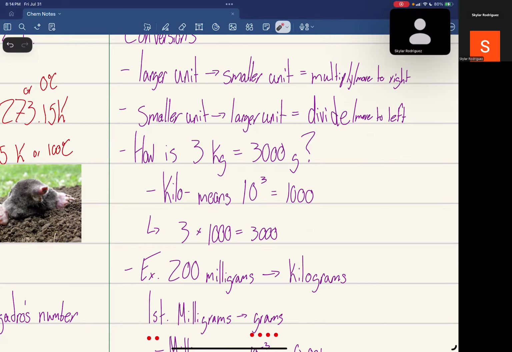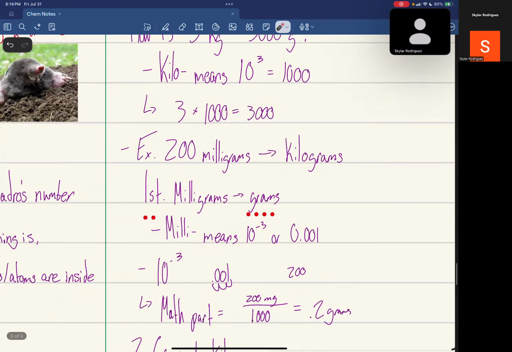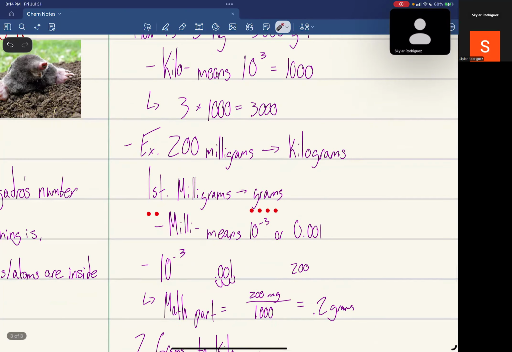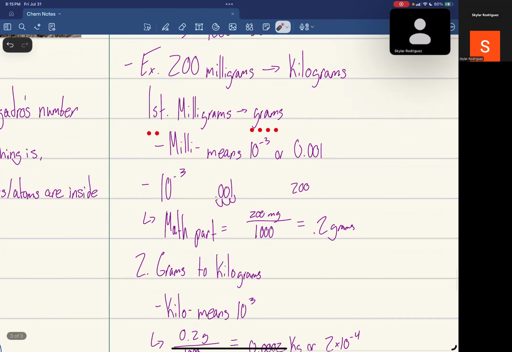Now, let me show you an example of going the opposite way. We'll start with 200 milligrams and convert it to kilograms. I'm going to show you the long way to do this, then the short version. We're going to first convert milligrams to grams.